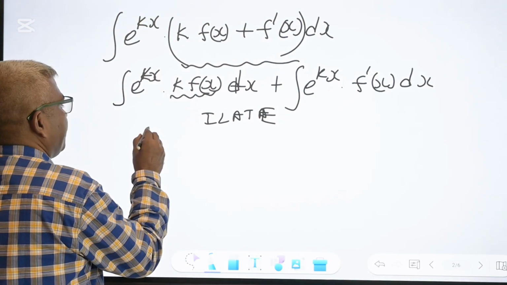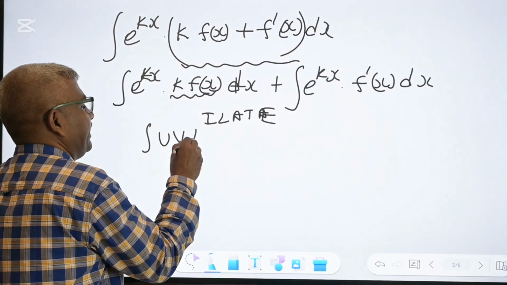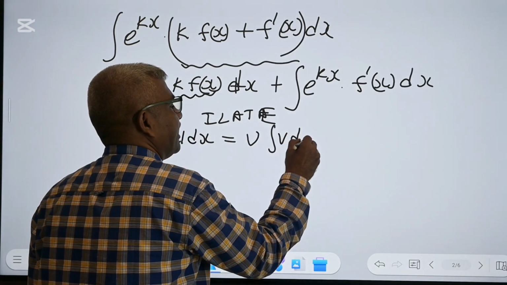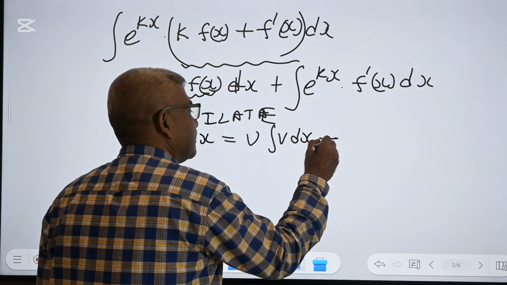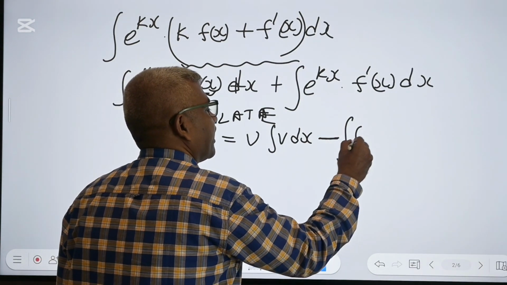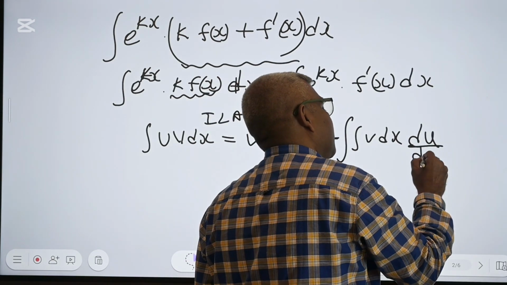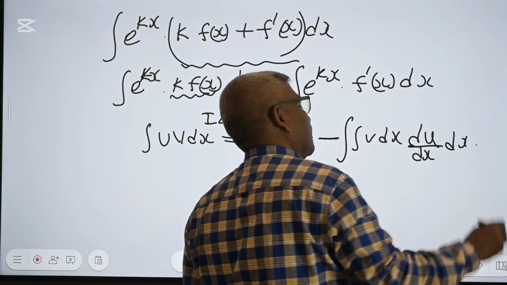What is integration of uv dx? Integration of uv dx is equal to u times integration of v dx, minus integration of (integration of v dx times du/dx).